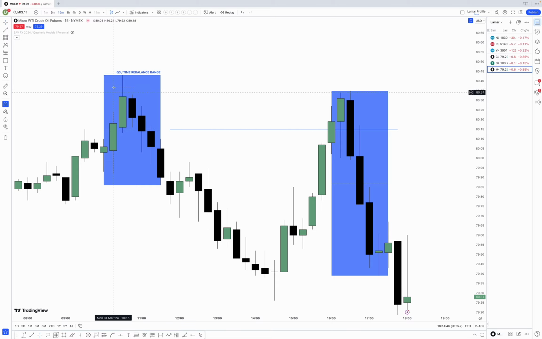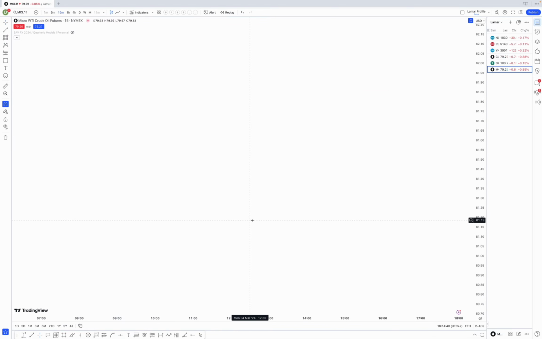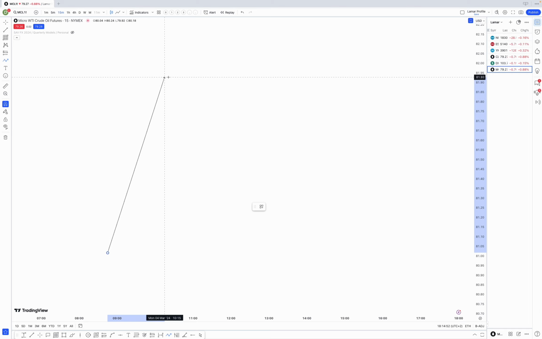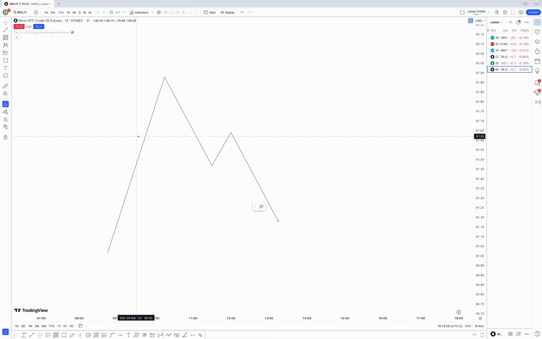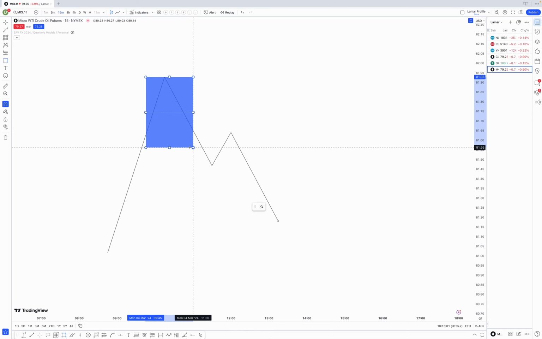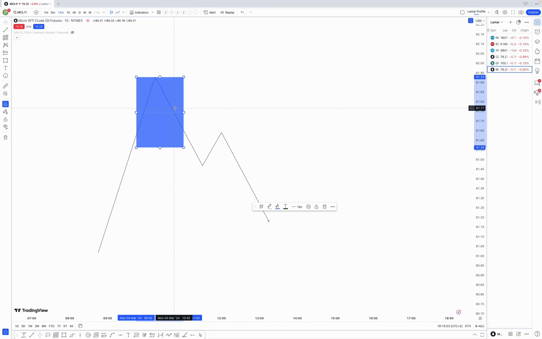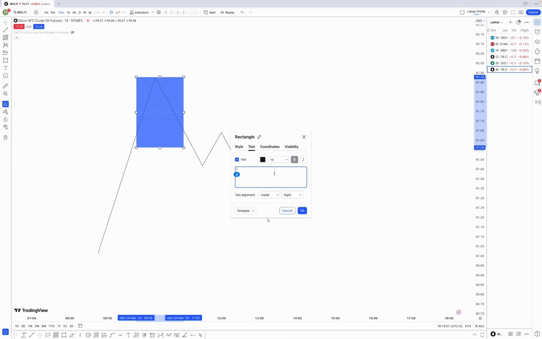It's a range bound PDRA, meaning if I do it like this, price draws higher, then it draws lower. Then we can say this range right here, when price was hovering within this range, let's say this range is Q2, and then we can increase this like this.